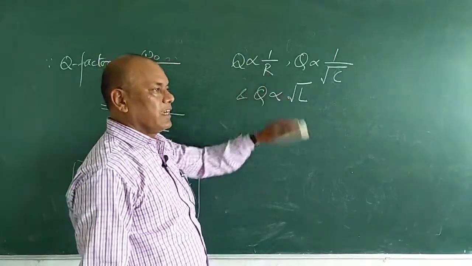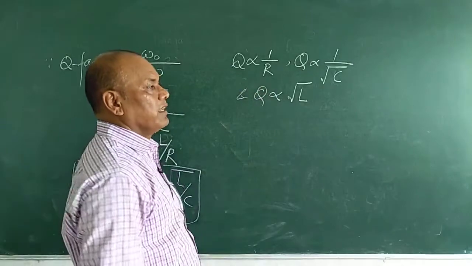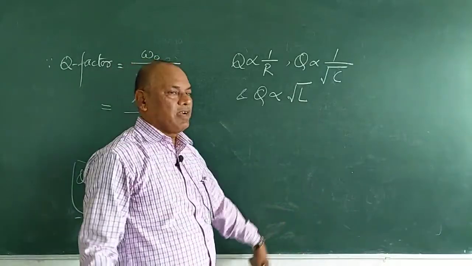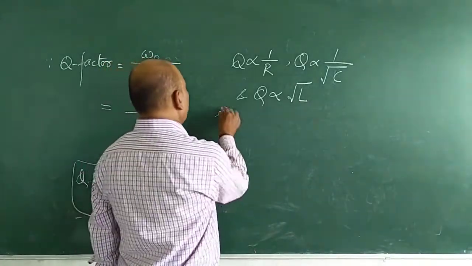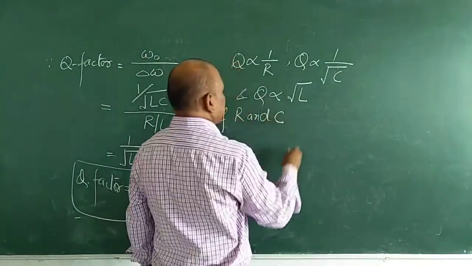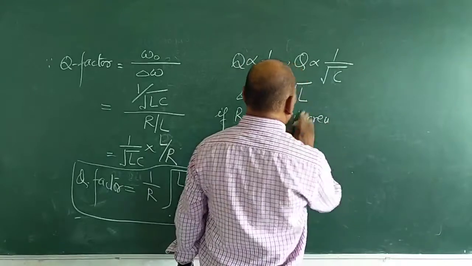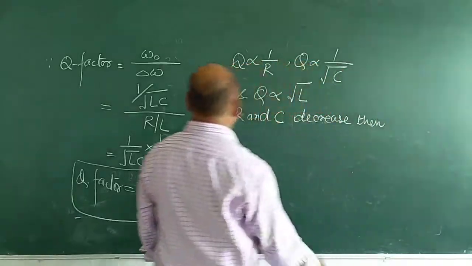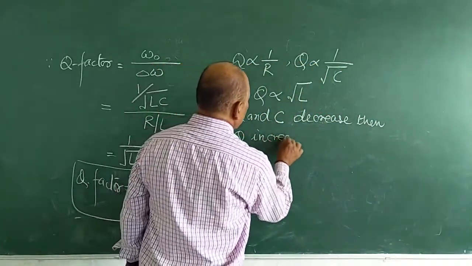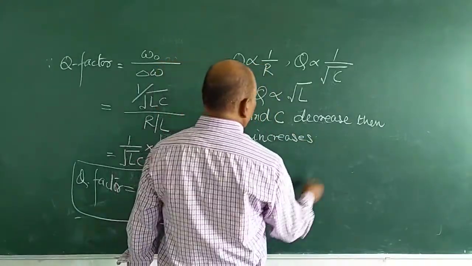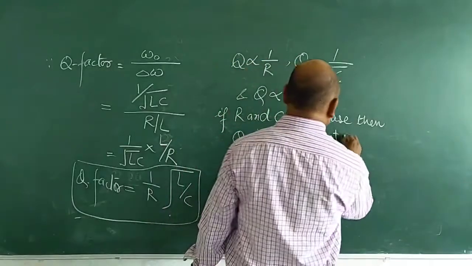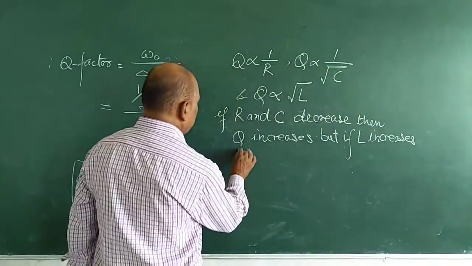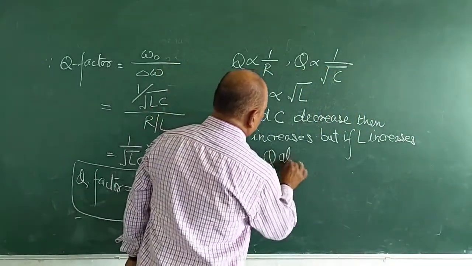So if resistance and capacitance decrease, then the quality factor increases, and if L, the inductance of a coil, increases, then the quality factor increases.